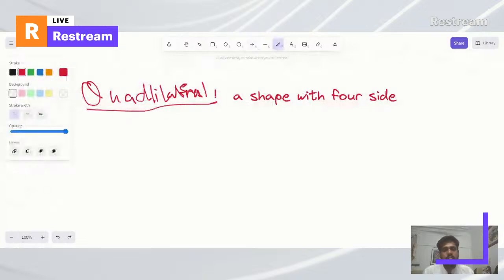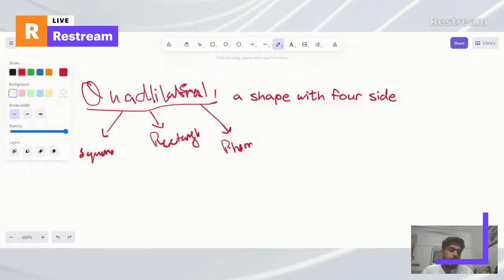So which shapes are included in quadrilateral? There's a square, right? Can you name a few shapes which are included in quadrilateral? There's rectangle, then there's rhombus. Can you name another one?